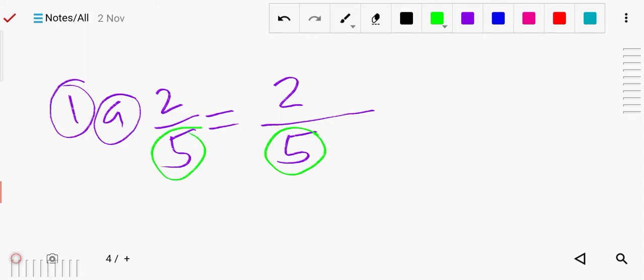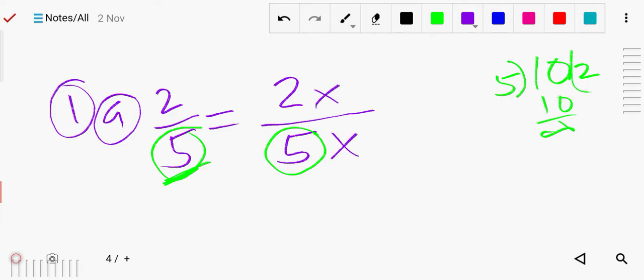So you have to think like that, or simply you can divide 10 by this number, this denominator. The denominator is 5, divided by 5, how many times? 2 times you are able to divide. It means we have to multiply the numerator by 2 as well as the denominator by 2.